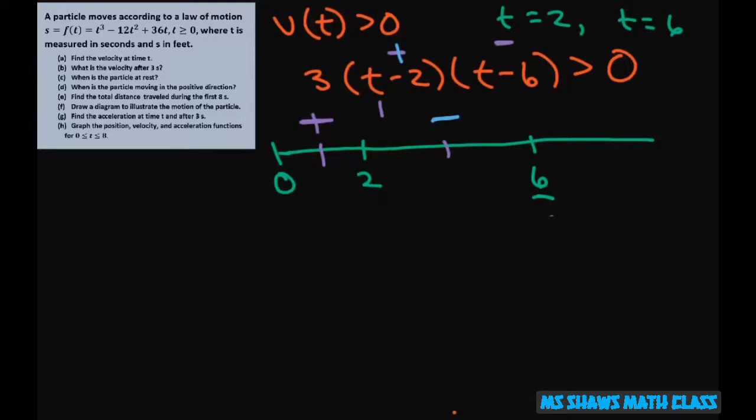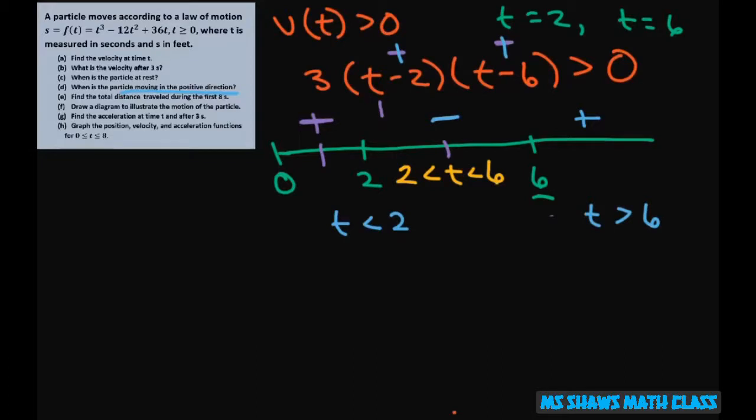So if we plug in 7, we're going to get positive and positive, so that's going to be positive. So the velocity is positive, the particle's moving in a positive direction, when t is less than 2 and when t is greater than 6. It's negative between 2 and 6.